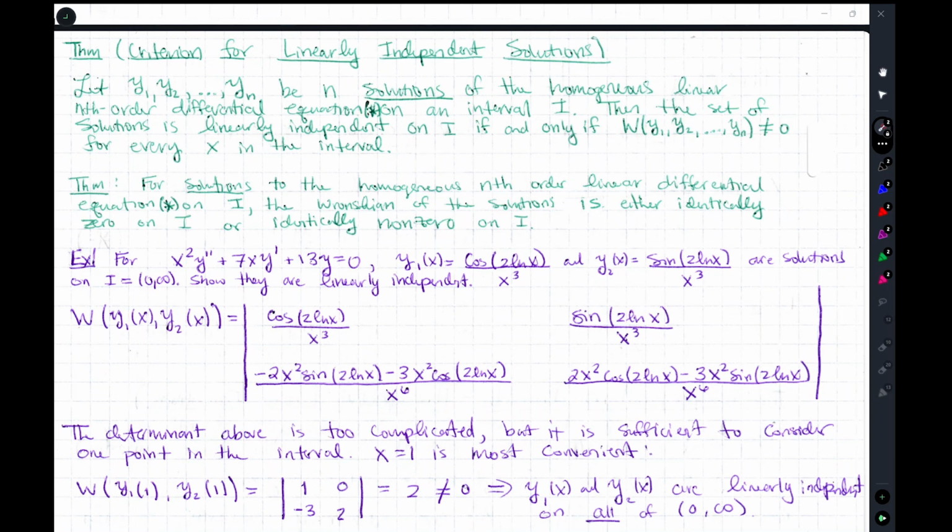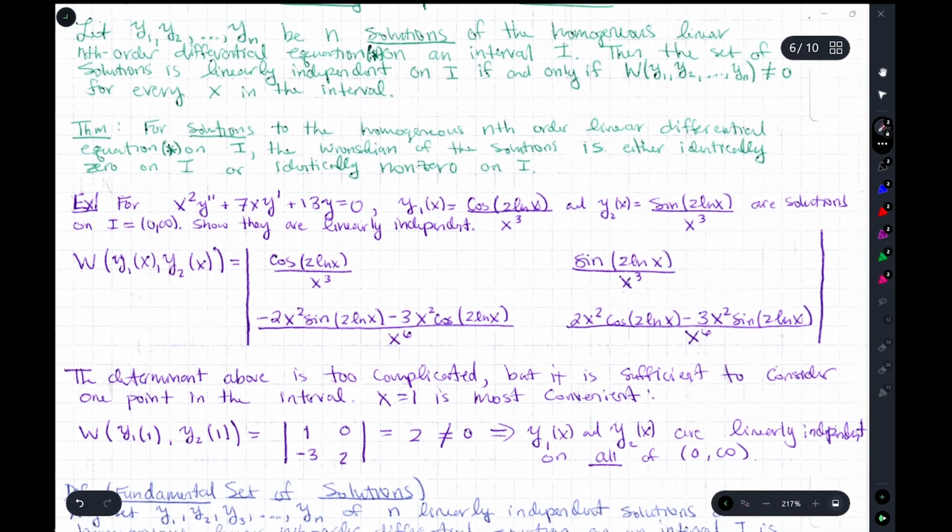As long as you find that the Wronskian is non-zero at some point, you're guaranteed that it's non-zero for any point in that interval that you're looking at. Assuming you respect the remarks of what we talked about before, that an is not equal to 0 and all the a's are continuous. So this is a very important theorem.